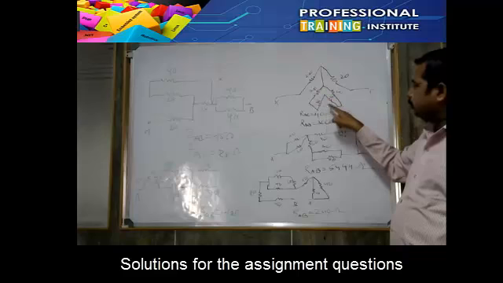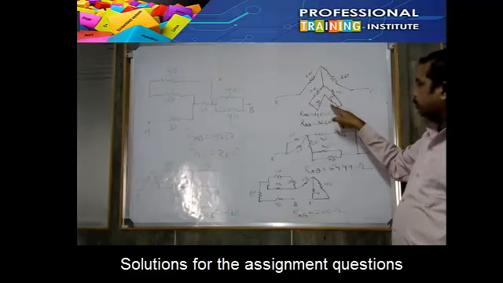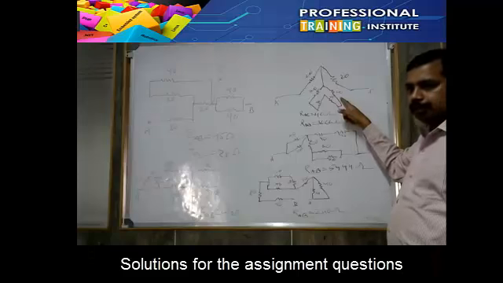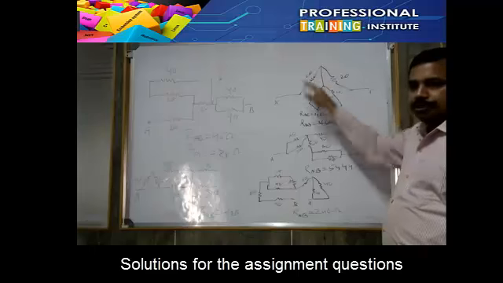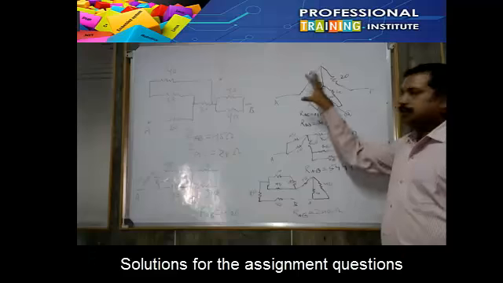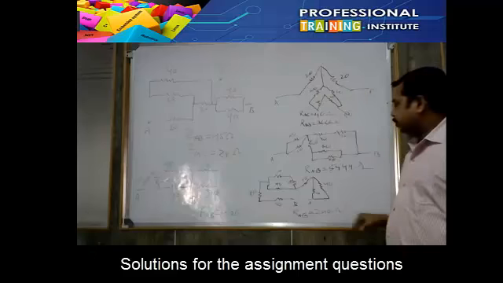So total how much? 100. And then parallel with 20. So they will give one resistance, and that will be in series with 20. Okay, fine. Yes, this is correct. Any doubt in this? No, very good.